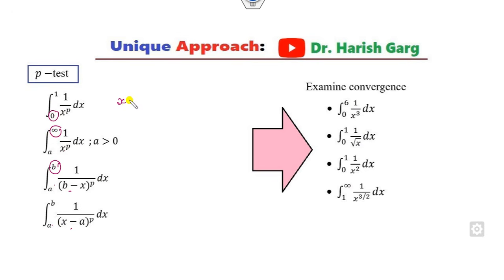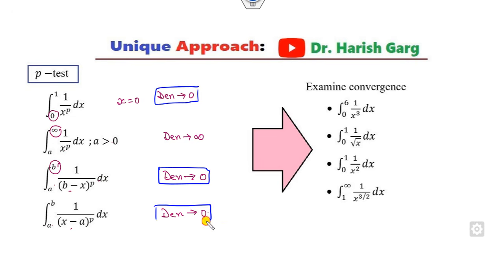When x is equal to a, the denominator goes to 0. If you look closely, in these three cases the behavior of convergence or divergence will be the same. However, in the infinity case the convergence is the opposite of these three cases.